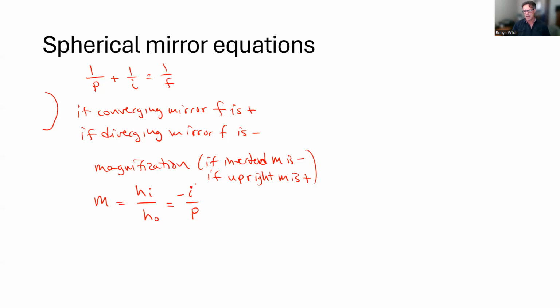Now the reason for that is I is negative for virtual images, whereas it is positive for real images.